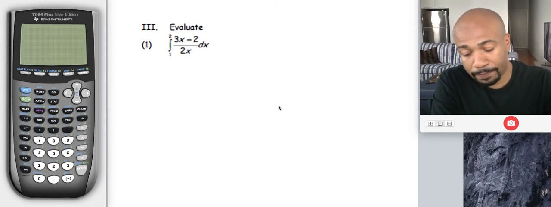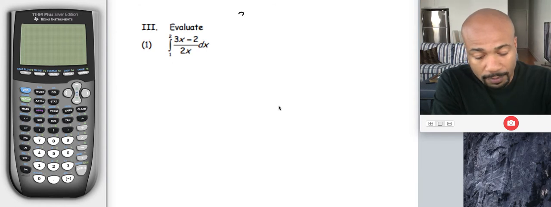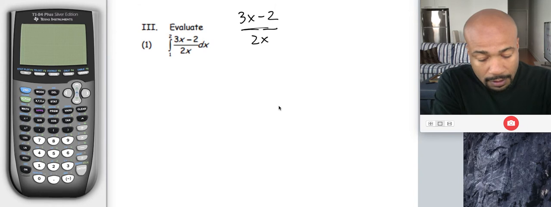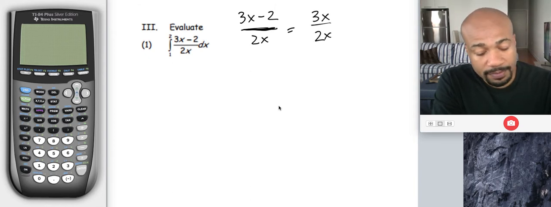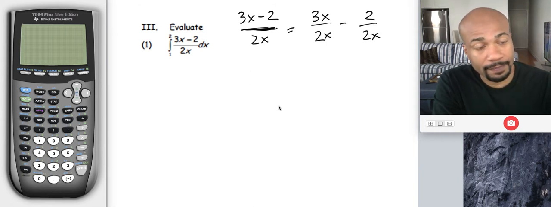Remember from a previous section that if I have a sum or difference in the numerator and the denominator is the same, I can break it up. So this is the same thing as 3x divided by 2x minus 2 over 2x. That's the exact same thing.